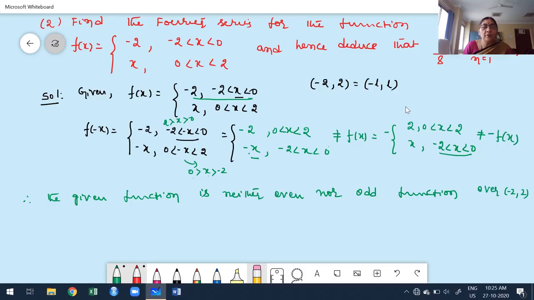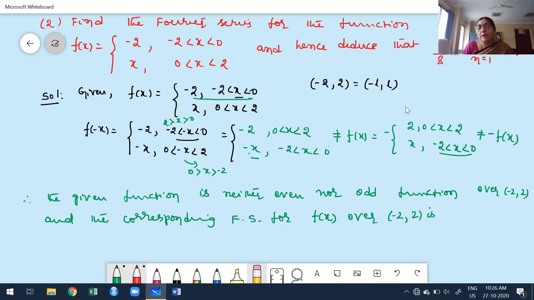Now how do we construct the Fourier series? I have to construct the Fourier series using the second case of the formula, and the corresponding Fourier series for f of x over the interval minus 2 to 2. Yes, the interval is minus 2 to 2.